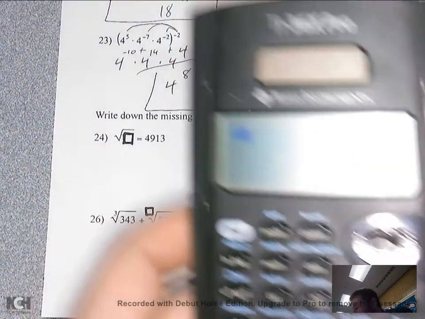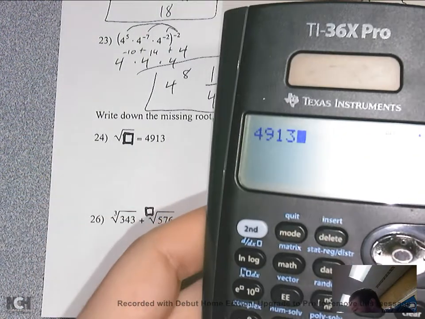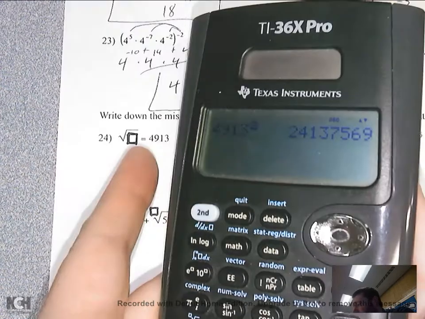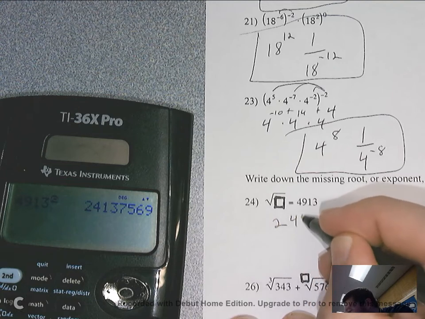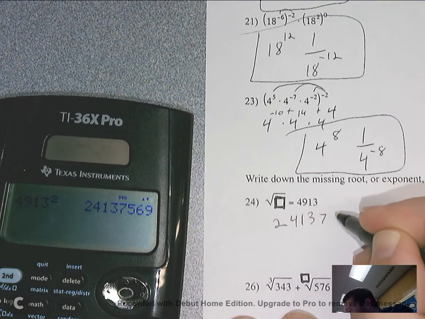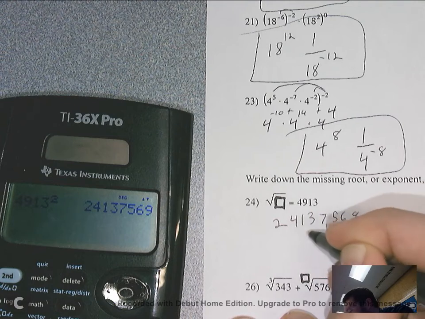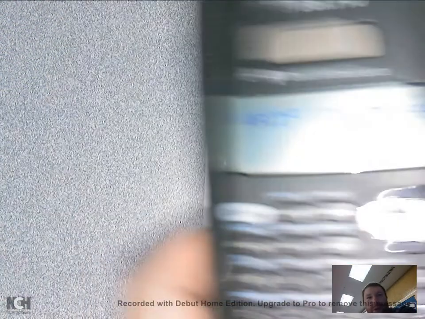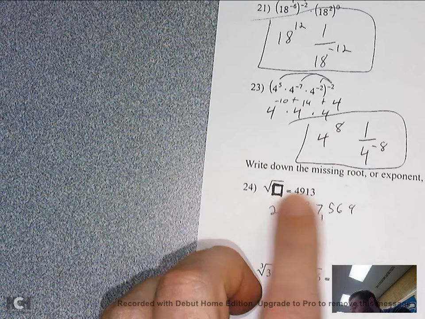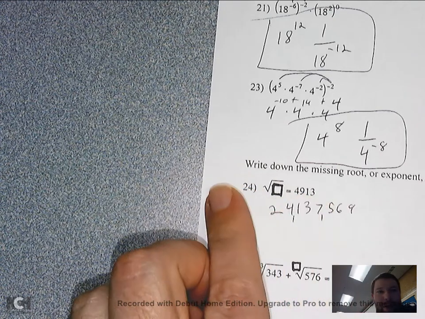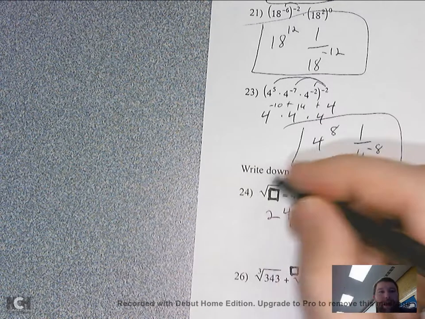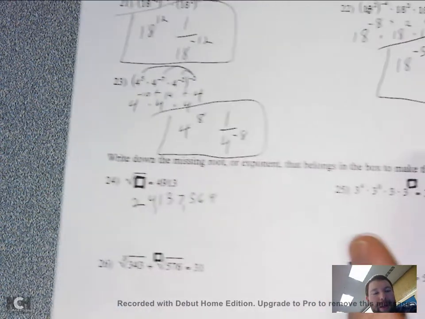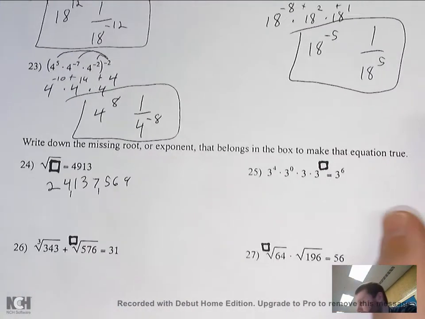So we would do 4913 squared to figure out what the number was, which is 24137569. Okay, so again, if you're missing what number you square rooted, you just have to do the opposite to get it back, right? Which would be to square the number to figure out what the number was that you square rooted. So that's a very large number.